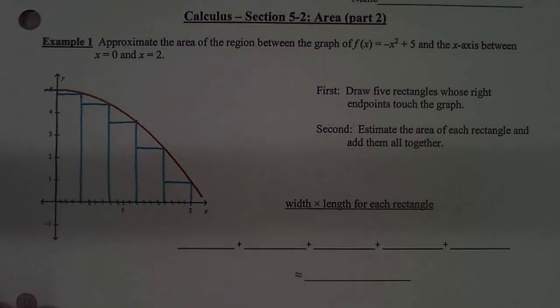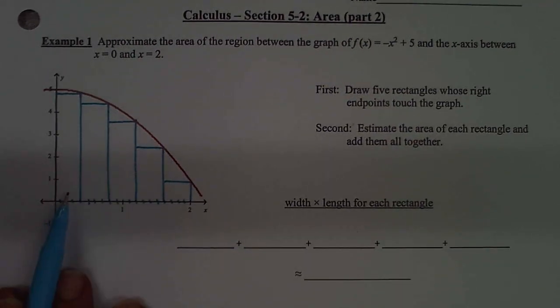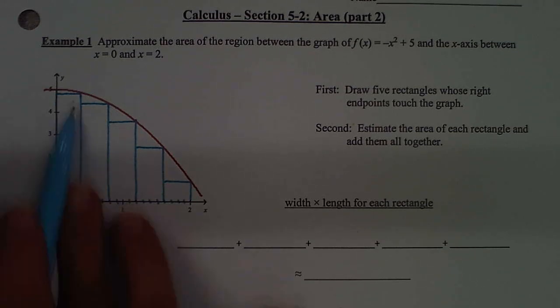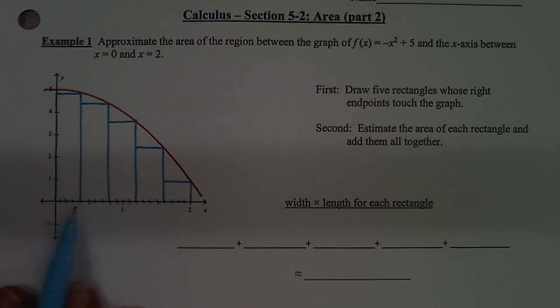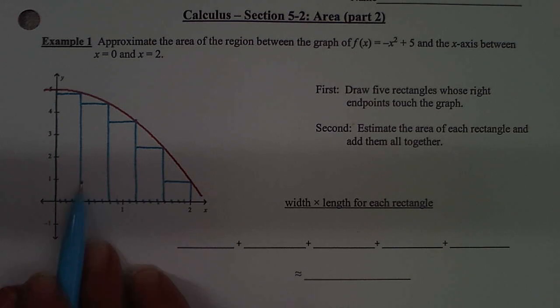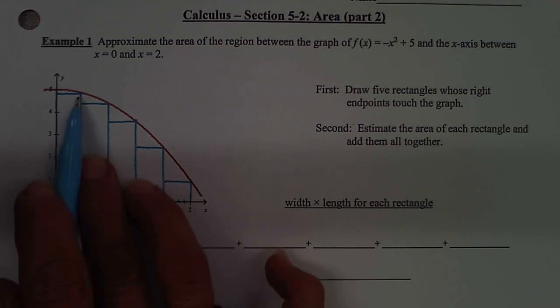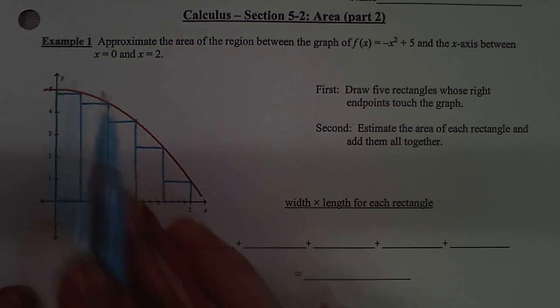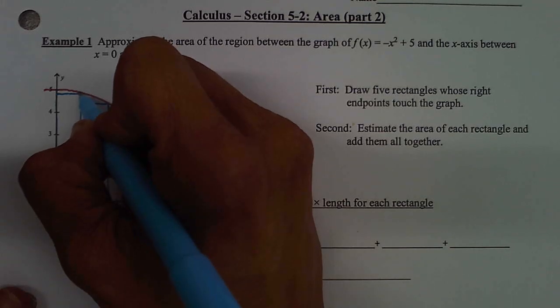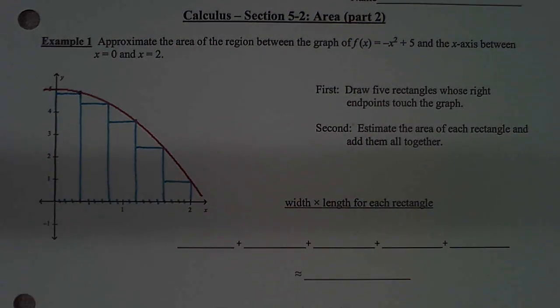All right, so this first rectangle here, to find the area of a rectangle, it's length times width. Well, I already know that my width is going to be this 2/5, but my length is whatever the height of this rectangle is going to be, and the way that we would find it is we would have to figure out what's the y coordinate on the graph at that point.